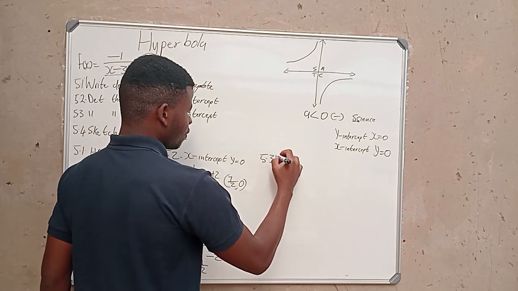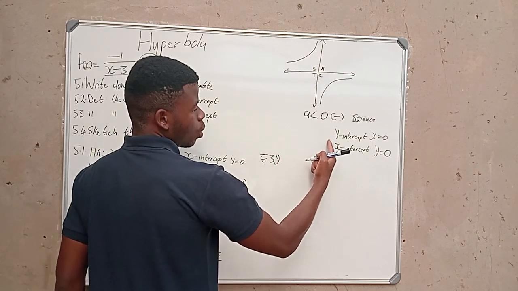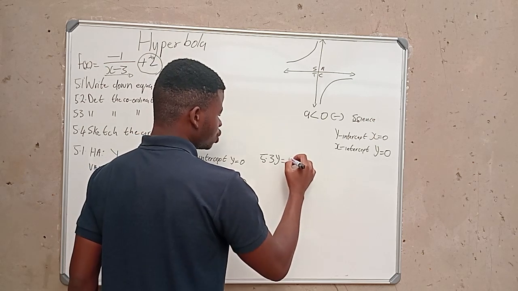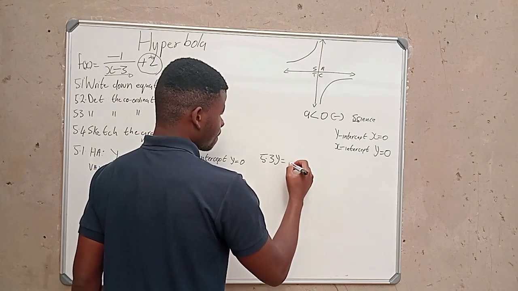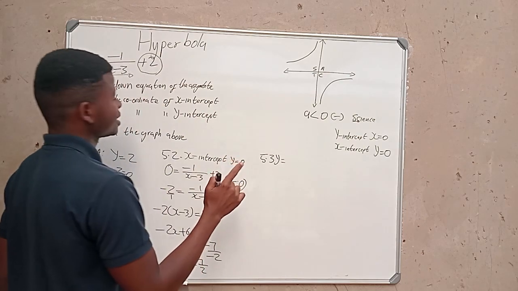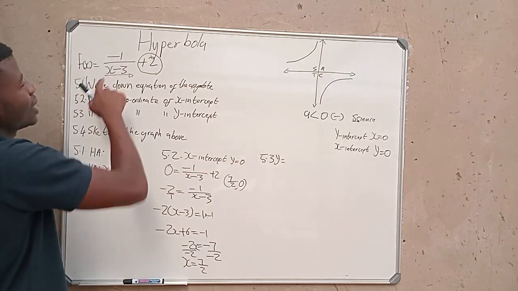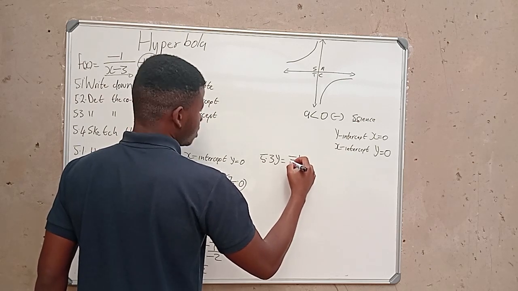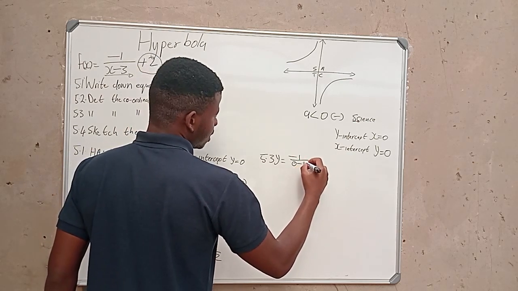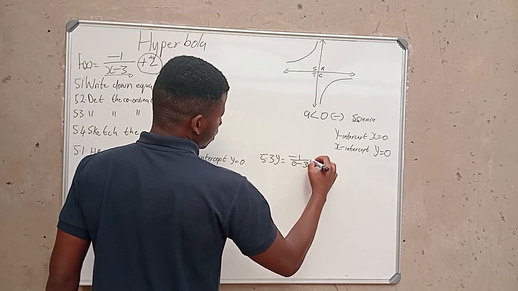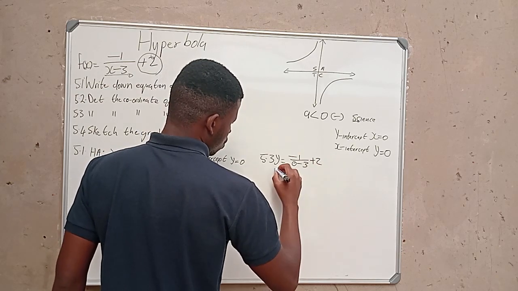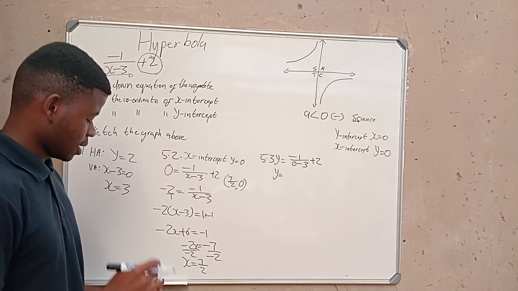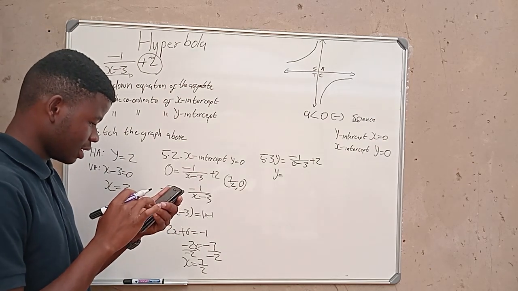So 5.3 is the y-intercept. The y-intercept is where we see x, so where we see x, we're going to substitute 0. Then it's going to be negative 1 over 0 minus 3 plus 2.